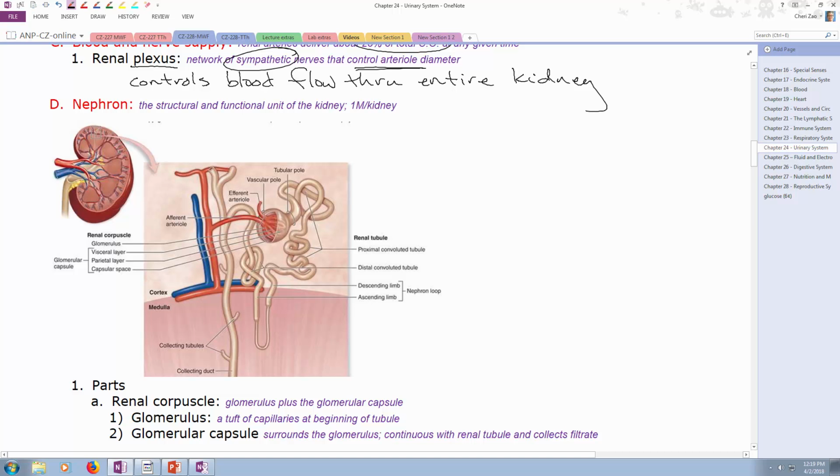That renal artery is nice, but it's not going to be able to do as good of a job as when we control the arteriole.